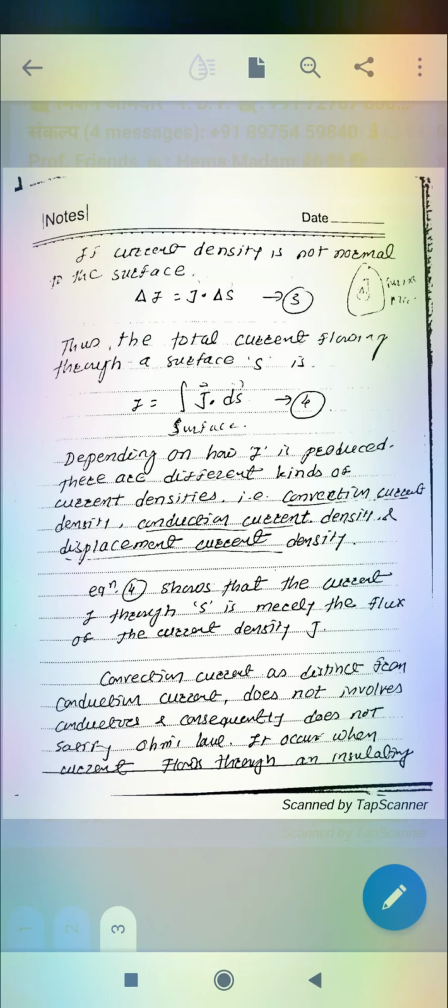Thus the total current flowing through a surface S is given as follows.